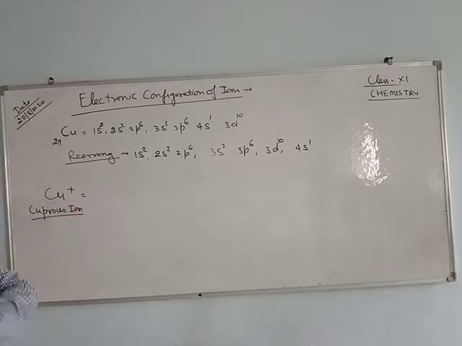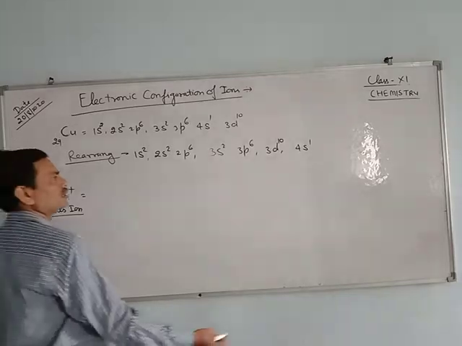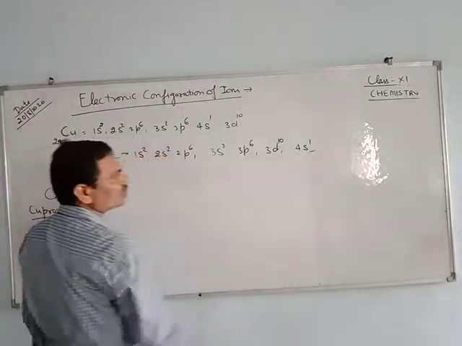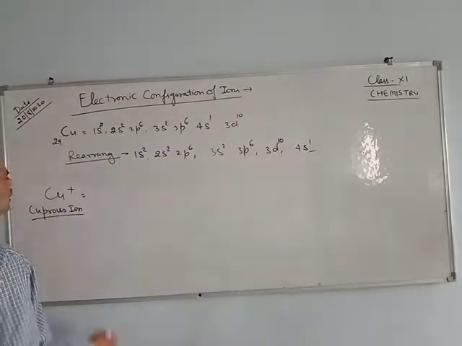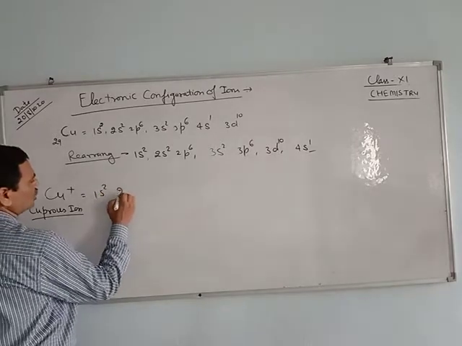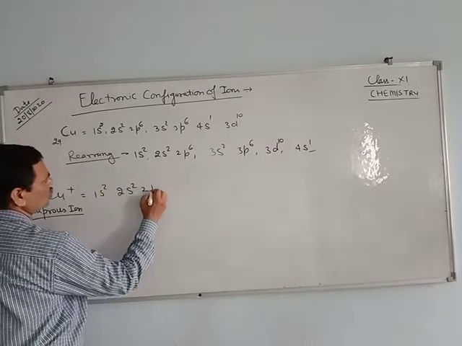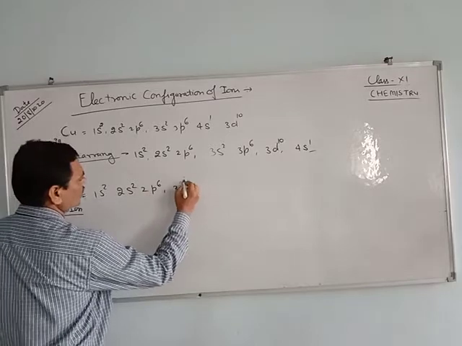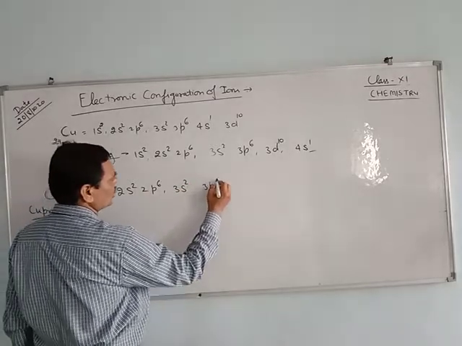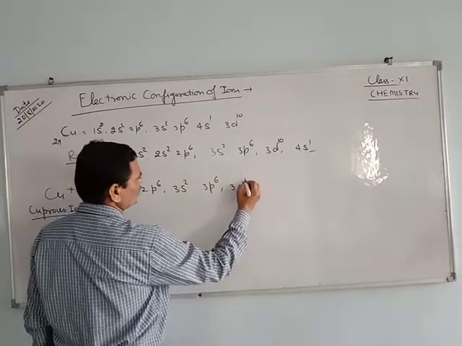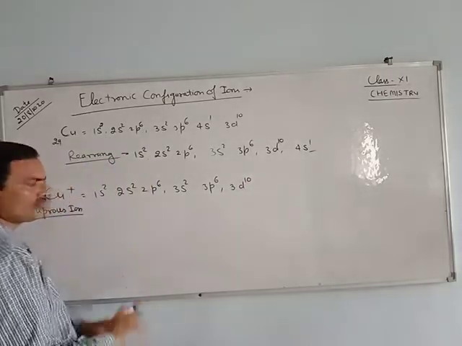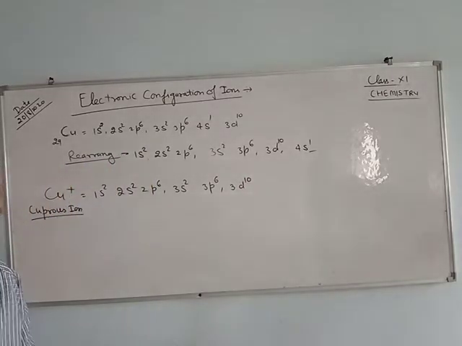You have to remove one electron, from 4s1. The electronic configuration will be 1s2, 2s2, 2p6, 3s2, 3p6, 3d10. There is no 4s electron.